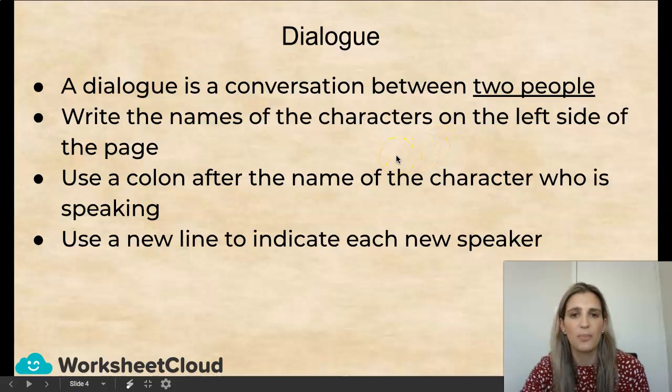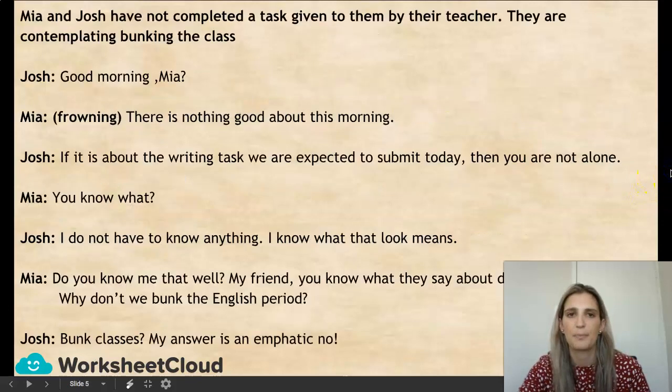We're going to look at an example, and this is very important. Use a colon after the name of the character who is speaking, and then use a new line. So you must leave a line after to indicate a new speaker. So here's an example.